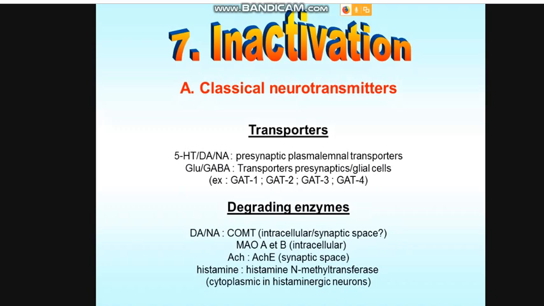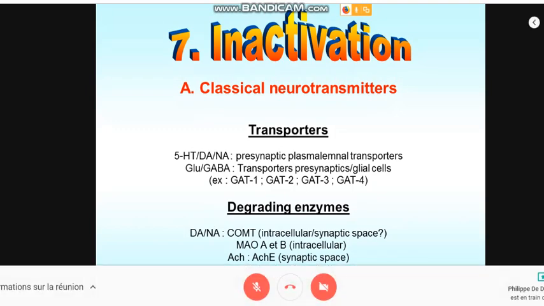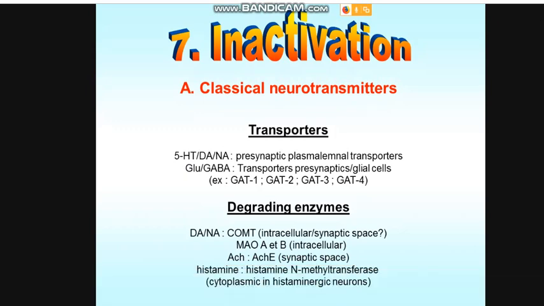And at the end, we have histamine. Histamine is a little bit different. We don't know specific transporters for histamine. And as far as I know, it does not cross the biological membrane. So it has to be some sort of transporter.